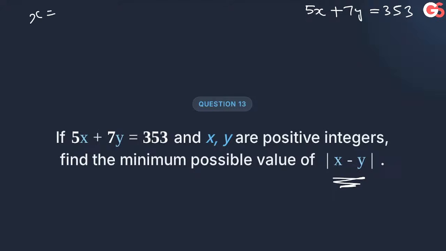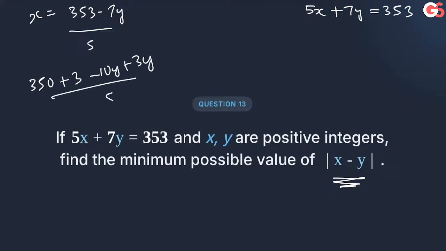So x will be equal to (353 minus 7y) upon 5. We'll do this so many times that you'll never forget it. 350 plus 3 plus 10y minus 10y plus 3y upon 5. So I'm concerned only with (3 plus 3y) by 5.